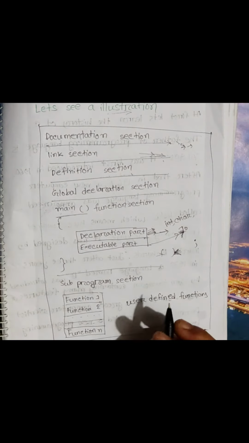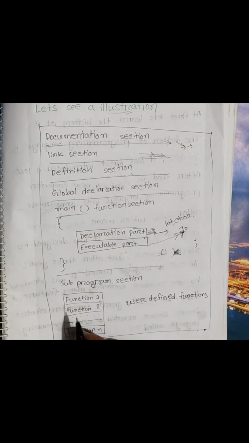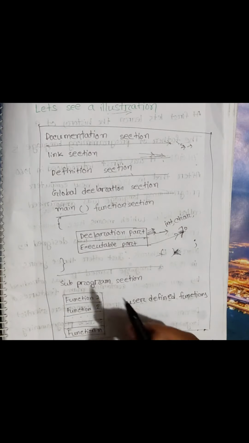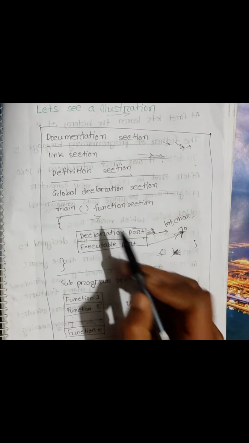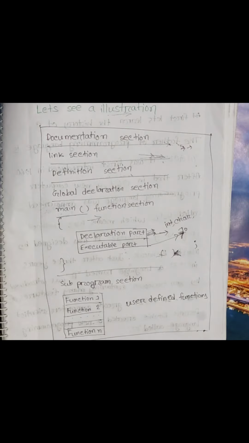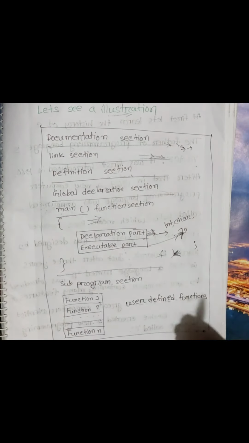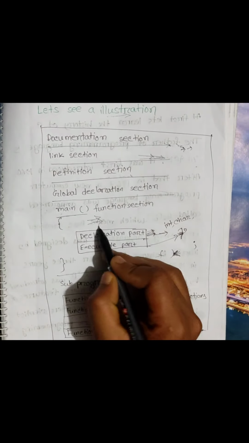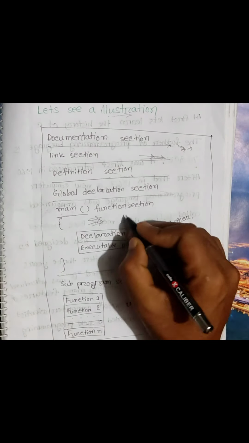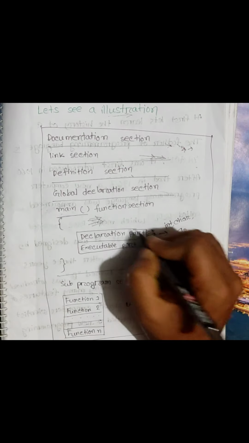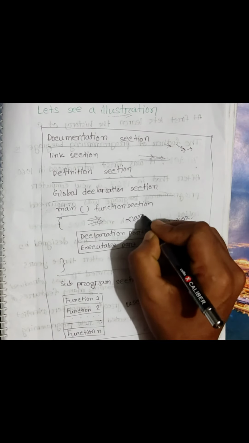If the program is a multi-function program, then the subprogram section contains all the user-defined functions that are called in the main function. I mean, user defined means if we want to get a variable of our own, like we want to add a variable like name.